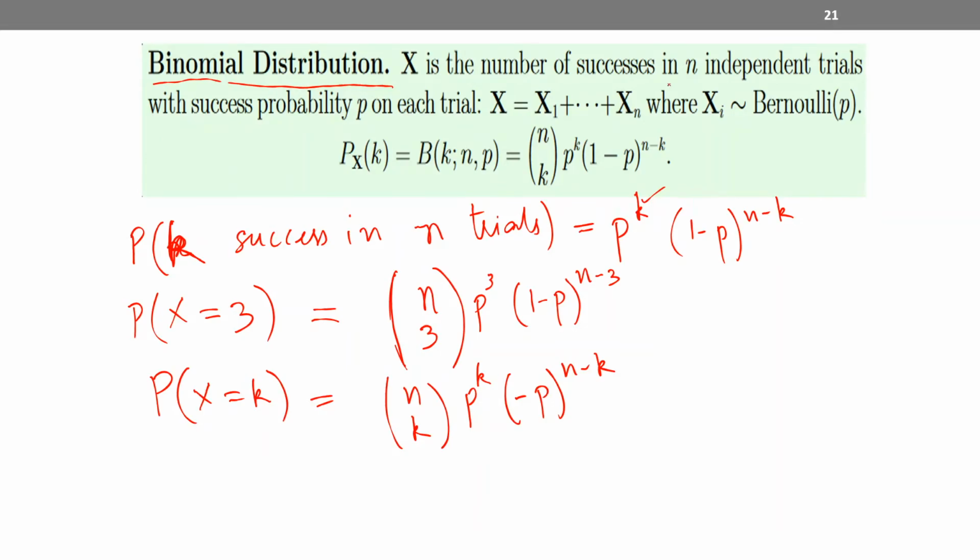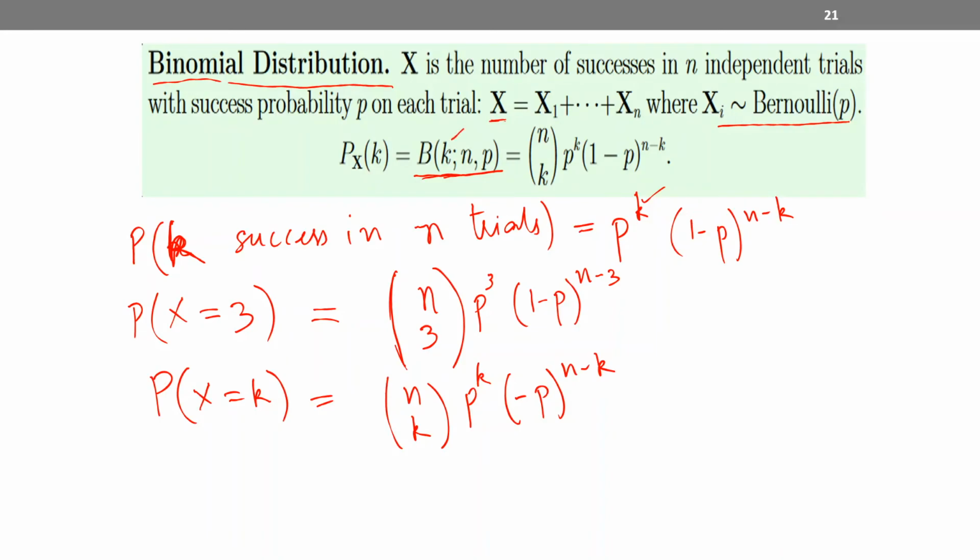If X is the number of successes in n independent trials with success probability p, which we can either calculate or we know from the question itself, then X is the sum of all these, and obviously if you think about the tossing of a coin, I'm going to get ones for all the successes here. And the way we denote that each of these X's is a Bernoulli random variable, then the probability distribution function for the binomial random variable is denoted like this, right?